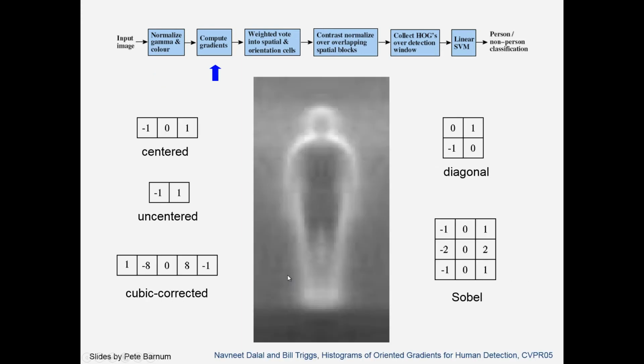Afterward you can compute HOG. Before you compute the histogram, you compute the gradient, and there are many possibilities there. He picked the centered filter, which looks like it does pretty well.